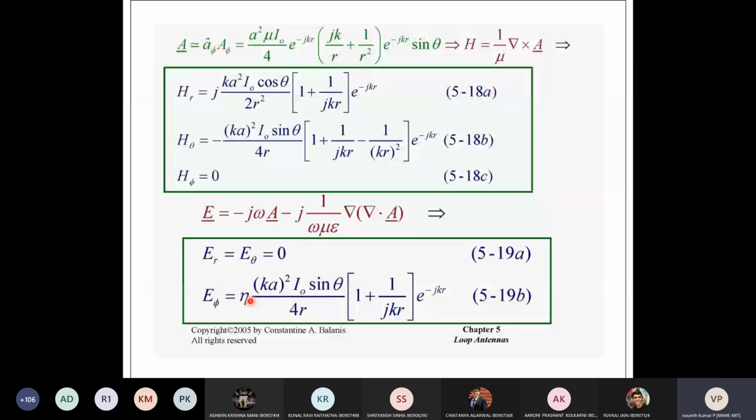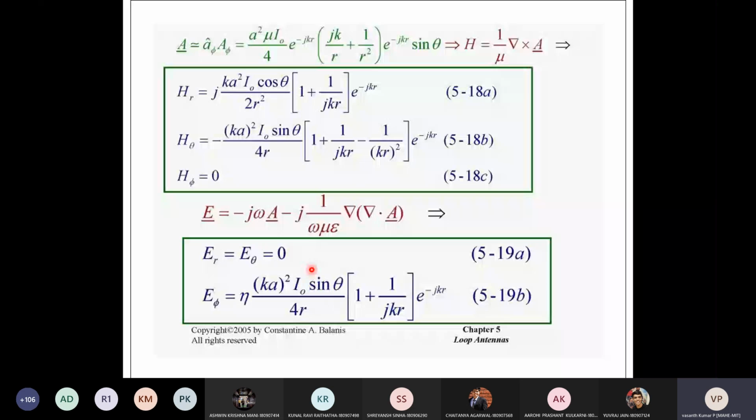Now, in the last chapter, you have seen the infinitesimal electric dipole. That means infinitesimal dipole antenna, electric dipole antenna, that means carrying electric current. Okay, now in place of electric current, if there was a magnetic current, that means if you have considered an infinitesimal magnetic dipole, you will get similar expressions. That means H phi will be 0, HR will be related something like this, and E phi will be something like this, and ER and E theta will be 0.